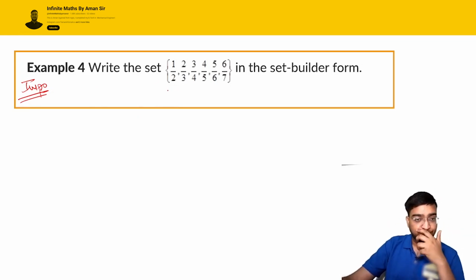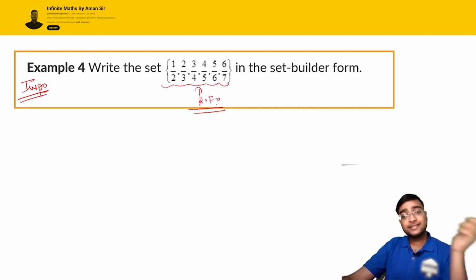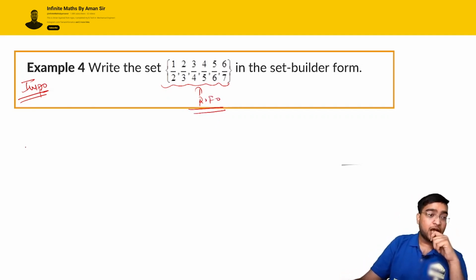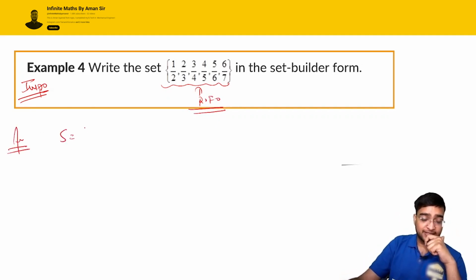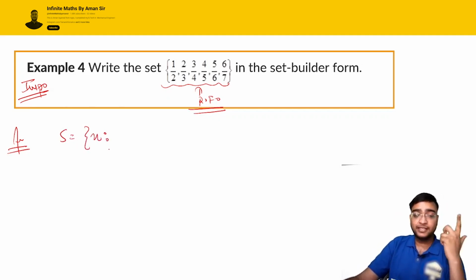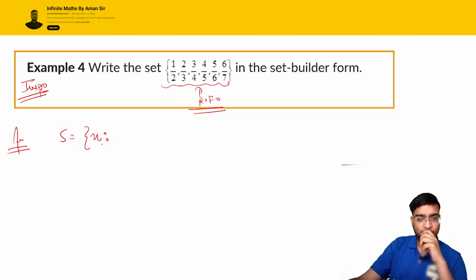This is roster form, and we just write the set in set builder form. Let's go to the answer. If I say S, firstly we give the x and the colon. Then I take a look at that set, and we can say this is the numerator.